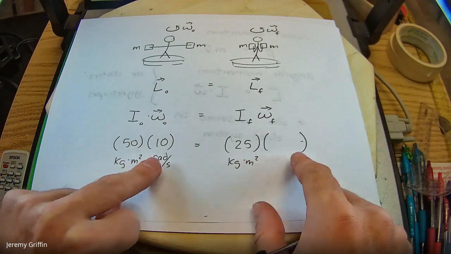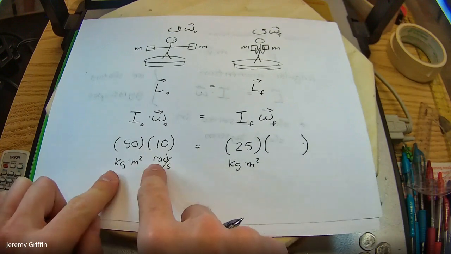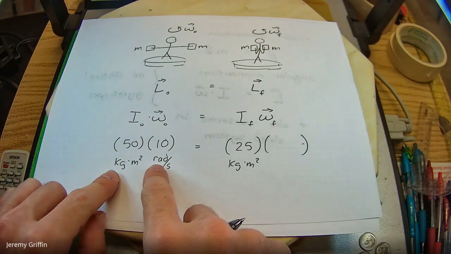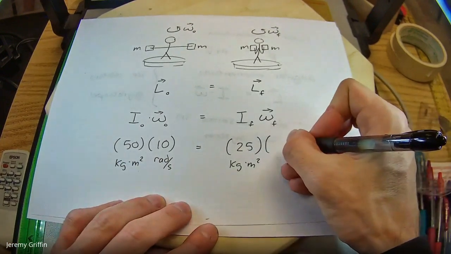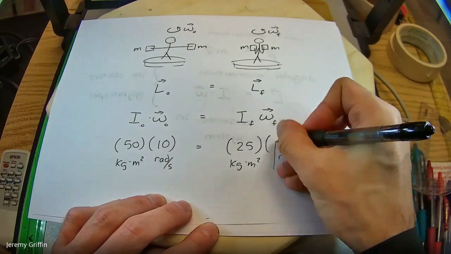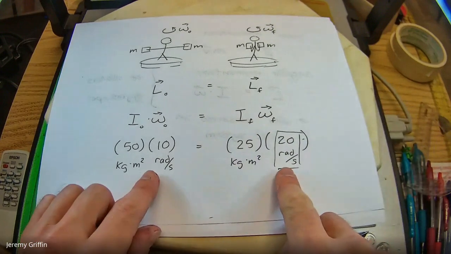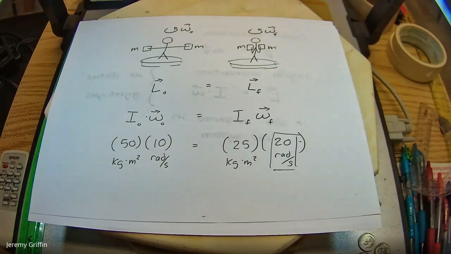Do you see that the omega has to double to compensate for that? Right. So I got 500 units of angular momentum on the left side. I better have 500 on the right side. And the only way to do that is for this to be 20 radians per second. So you guys see they speed up spinning. That's conservation of the angular momentum.